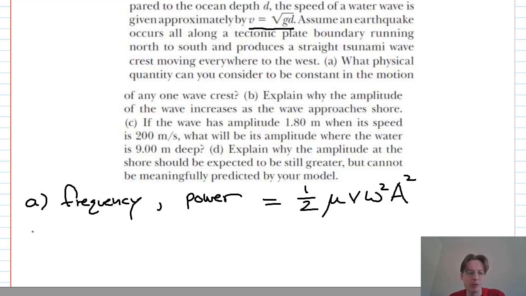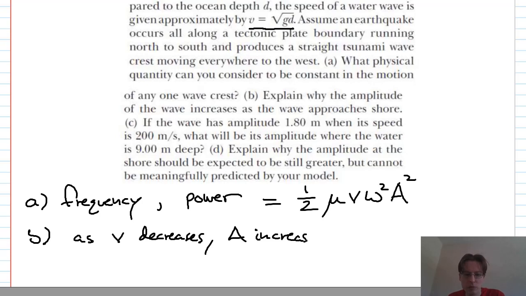So that's part B. As the speed decreases, the amplitude increases to maintain the power.